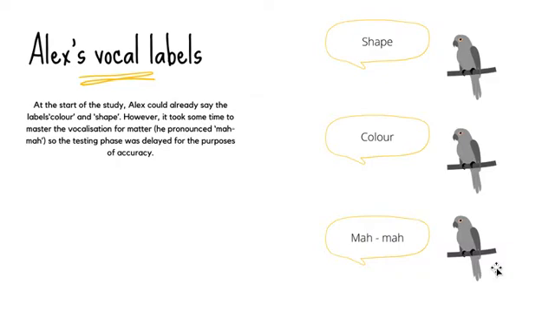However, it took some time to master the vocalization for matter. Rather than saying matter, he said mama. It means matter. So the testing phase was delayed for the purpose of accuracy. So they had to train him to say matter first, so that he could say it accurately. The testing phase took a bit longer because they wanted him to say matter rather than mama.